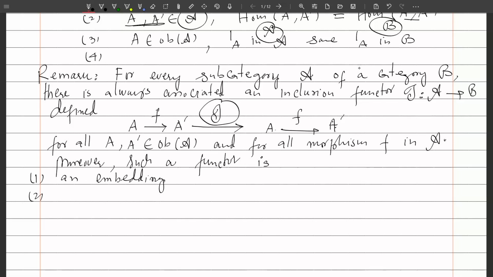Second, this is a full functor if and only if A is a full subcategory of B. Recall that a full functor is a functor which, when restricted to hom sets, is surjective.